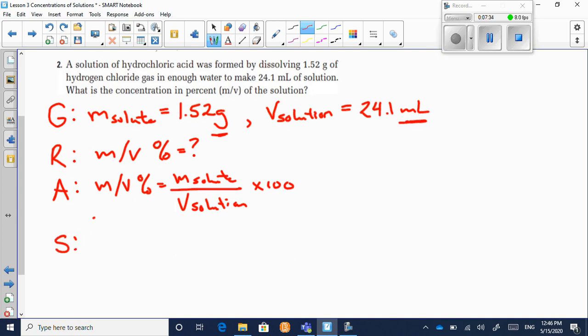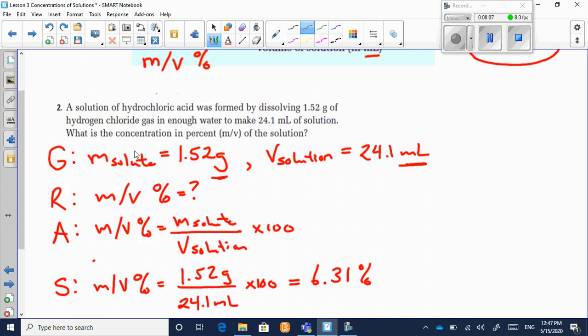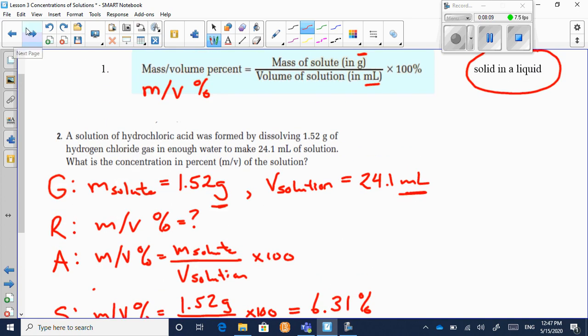So subbing in, the mass volume percent is equal to 1.52 grams divided by 24.1 milliliters times 100. And when you plug that into your calculator, you get 6.31%. So the mass volume percent is 6.31%. Okay, so there's an example of a mass volume percent question.